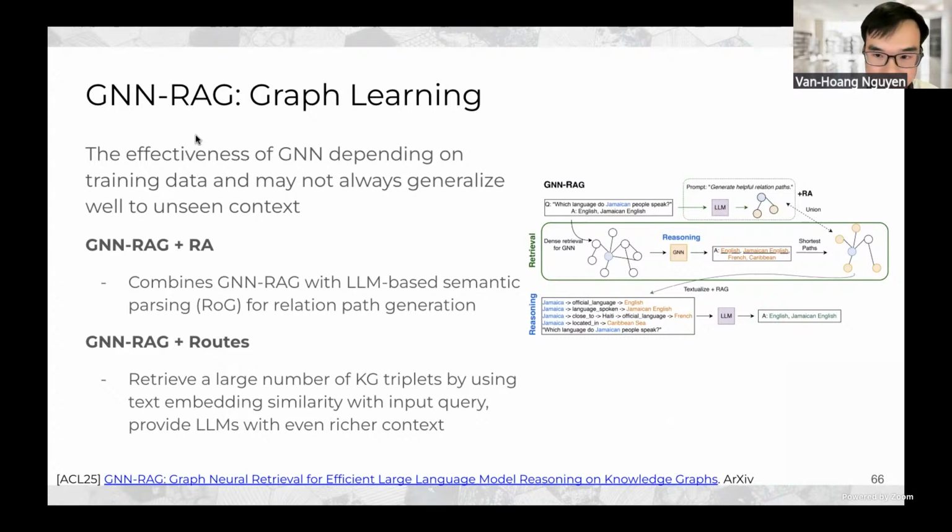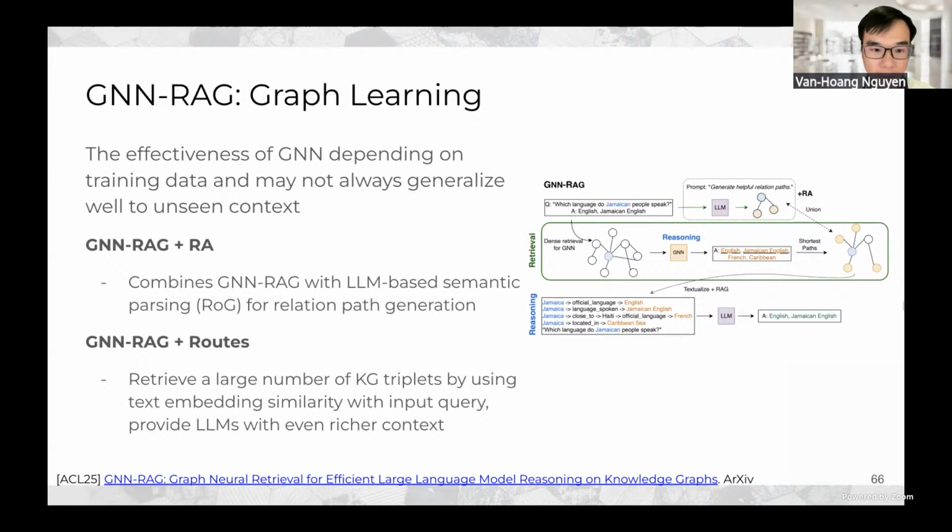Given the query, we also devise reasoning plans, and the reasoning plans give us a reasoning graph, right? Then we unify the graph generated by RoG with the graph generated by our GNN methods, and it helps provide our LMs with much richer context.